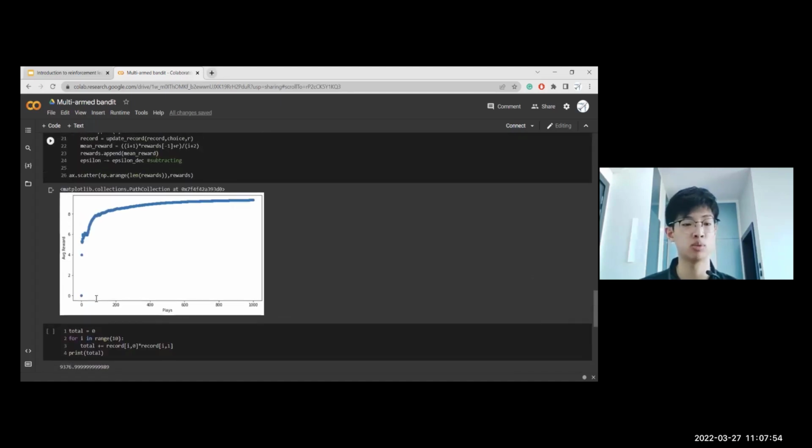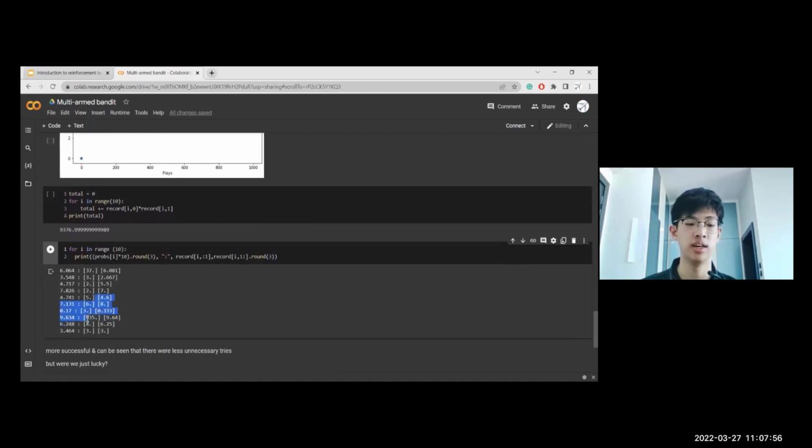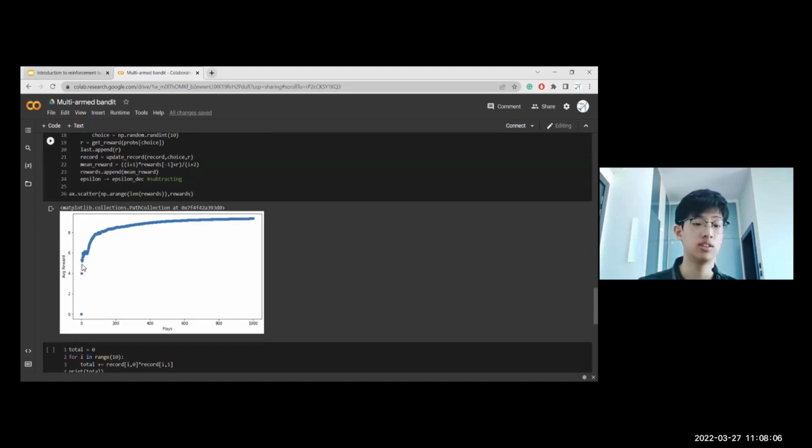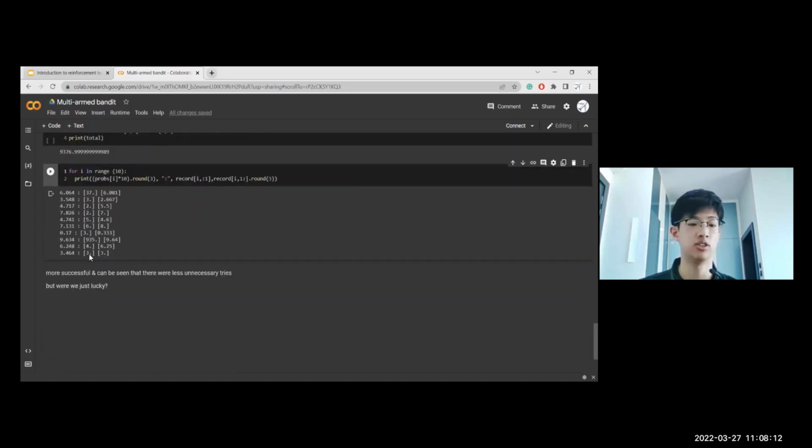Because we weren't exploring enough, we didn't get to actually evaluate the 8th one properly until we were lucky enough to actually check it again and realize, oh, this is far better. You can see in this graph that it just stays around 6, the average, because it didn't get to realize that this is a far better option.